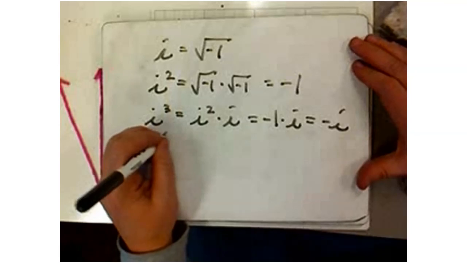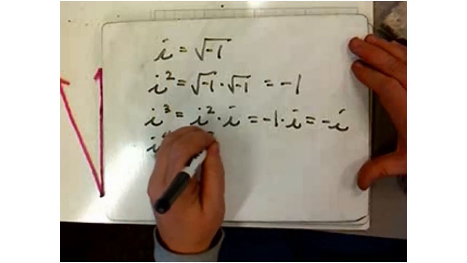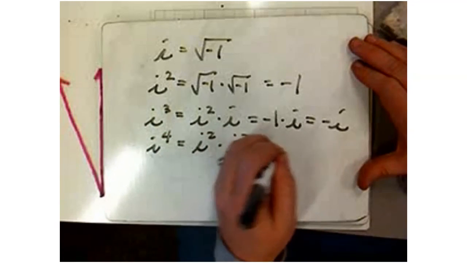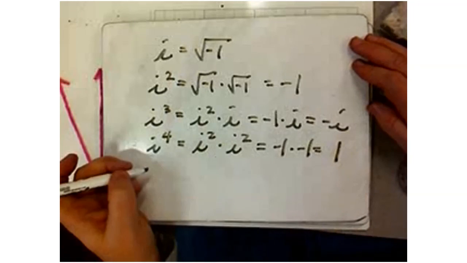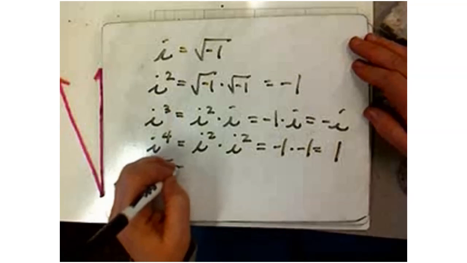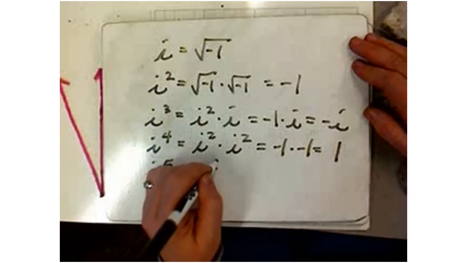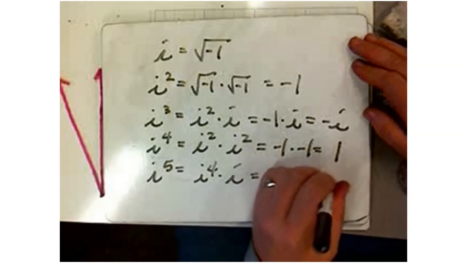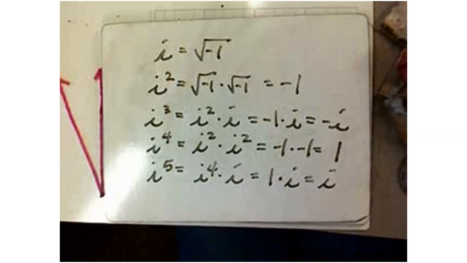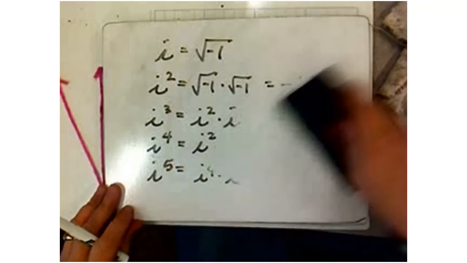And then i to the fourth power would be the same as i squared times i squared, which is -1 times -1, which is 1. And then i to the fifth power would be an i to the fourth times i. So that's going to be a 1 times i, or just i. It just repeats itself. So remember your i cycle, okay?